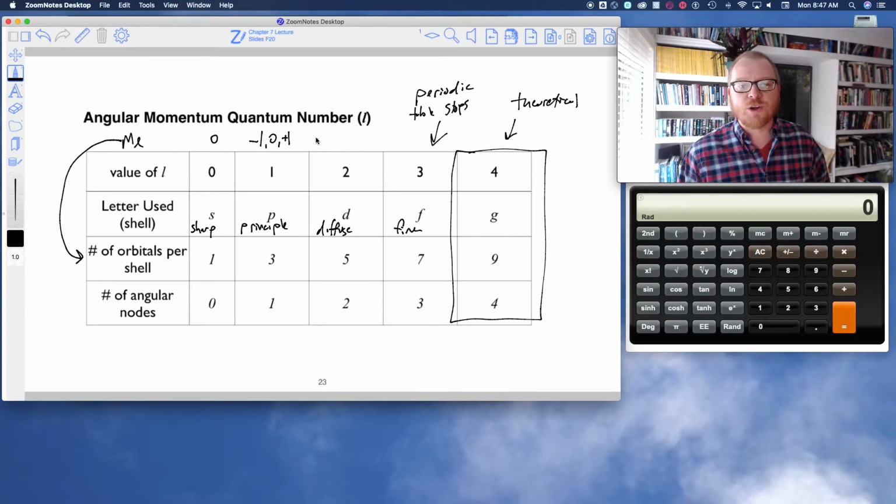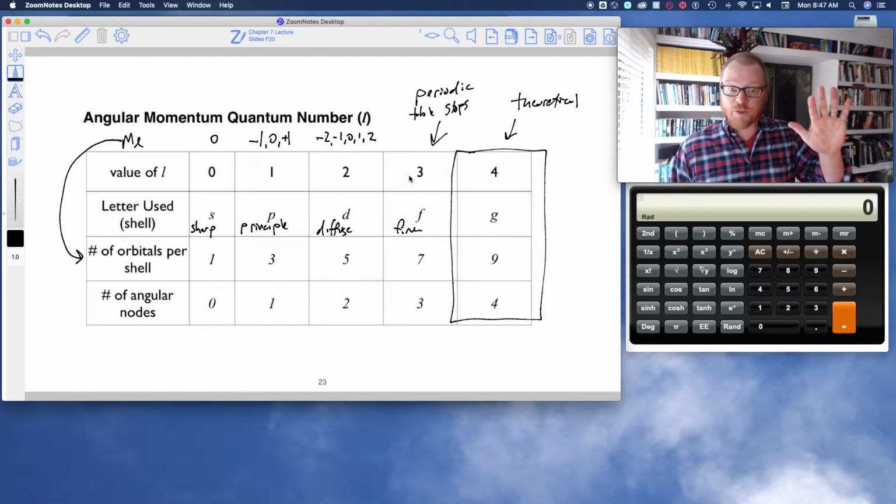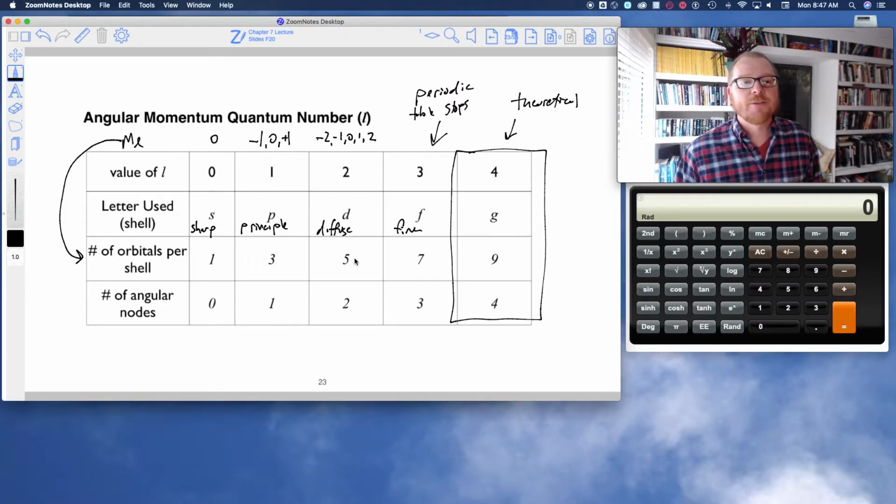Well, when L is 2, I can go -2, -1, 0, +1, +2. Yep, that's 5 ML numbers, 1, 2, 3, 4, 5, correspondingly 5 orbitals per shell. And I'm going to describe where these angular nodes come from in a moment, okay?